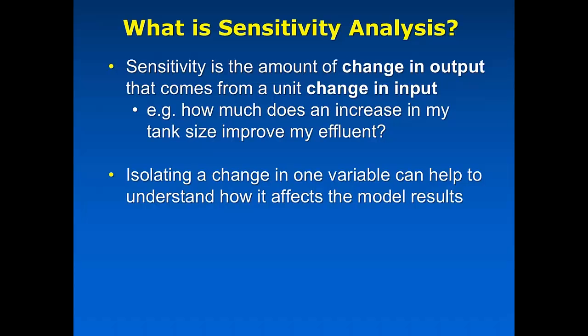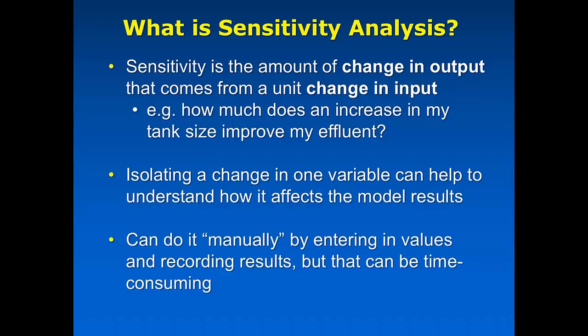And you may find that even within a given parameter, it may be very sensitive in one range and not sensitive in another. So doing sensitivity analysis on your design is a really excellent way to get a handle on exactly how the model is going to behave under different conditions.